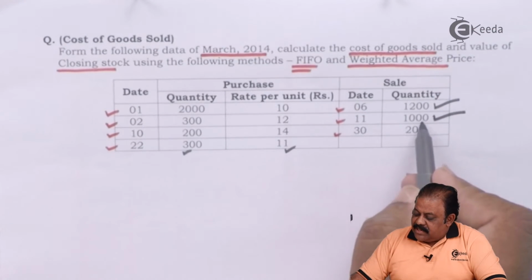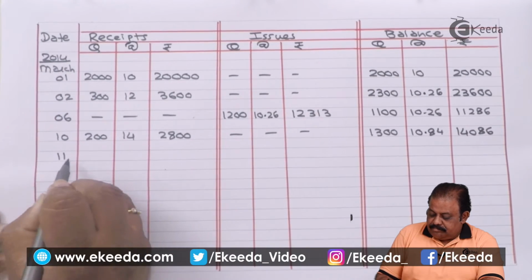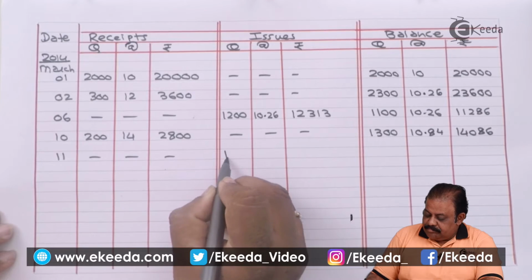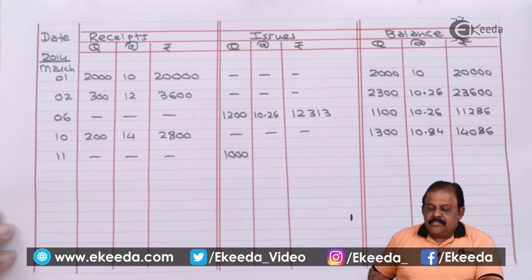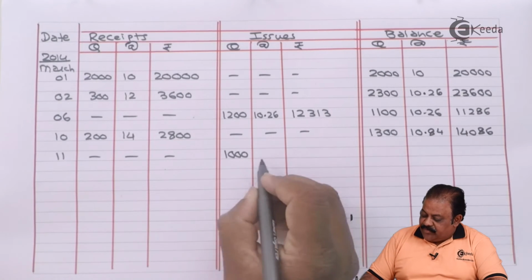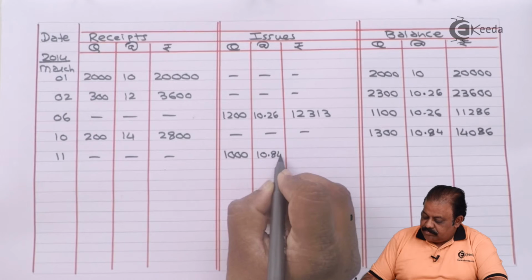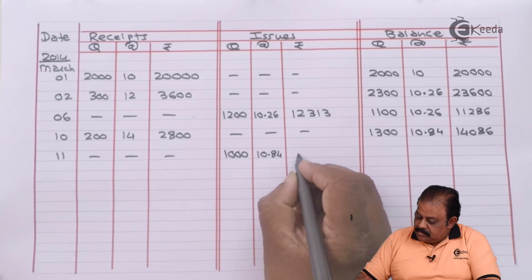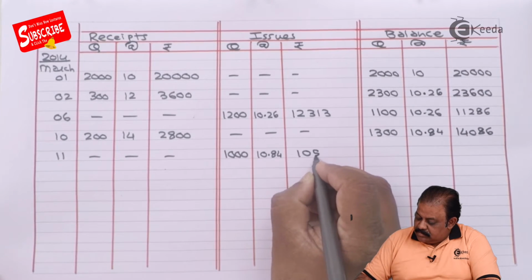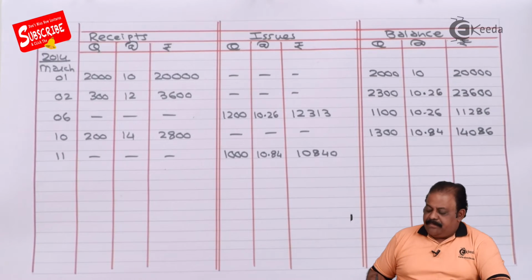On 11th there is a sale of 1000 units. These issued 1000 units will be valued at 10.84. It is 10,840.